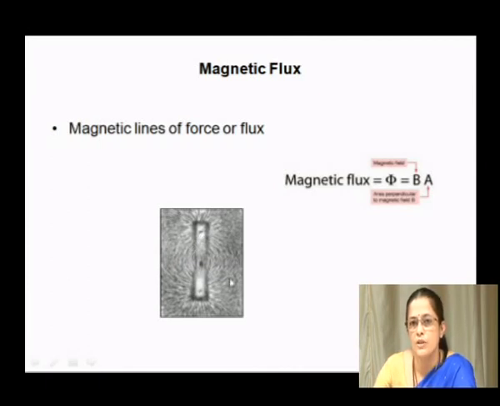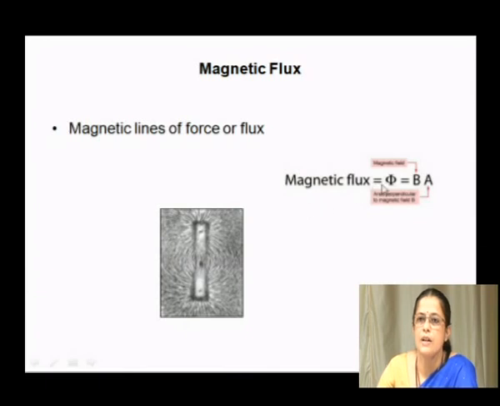This shows that a force exists in the region around the bar magnet. This force, or lines of force along which the compass moves, is the magnetic lines of force, which is also called flux.